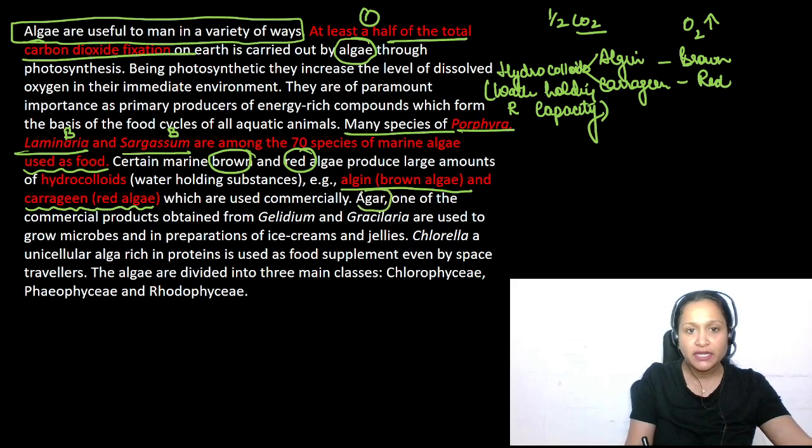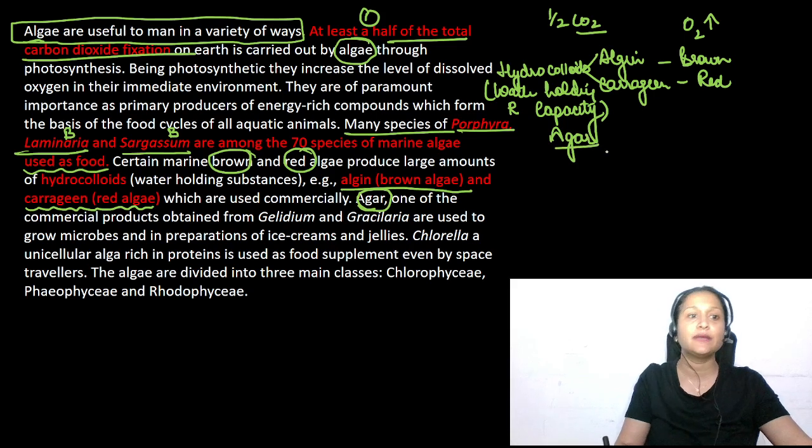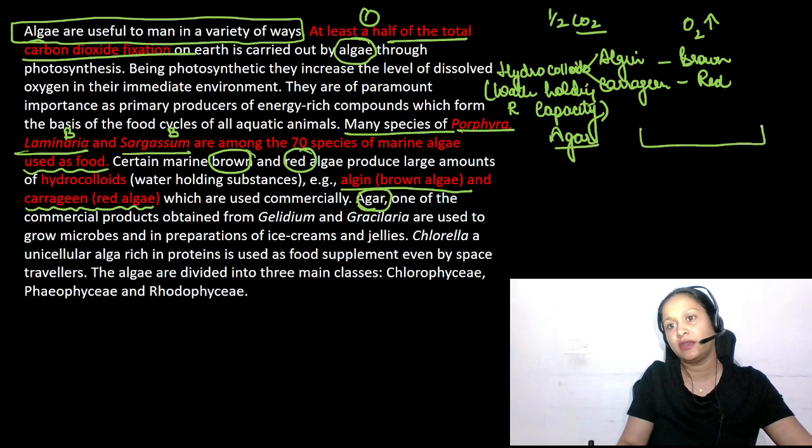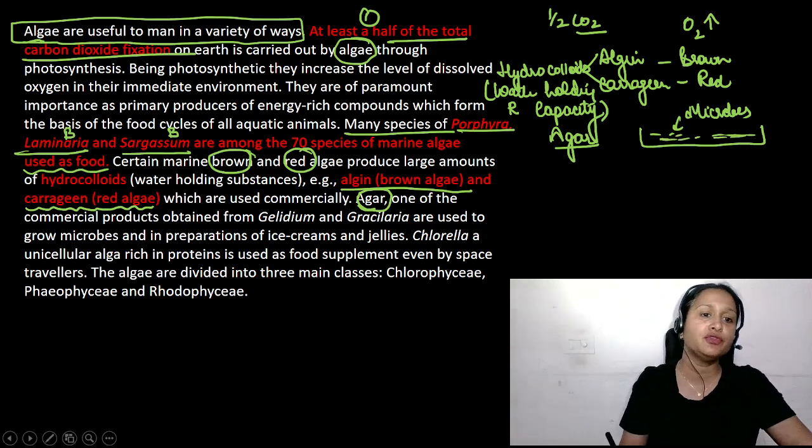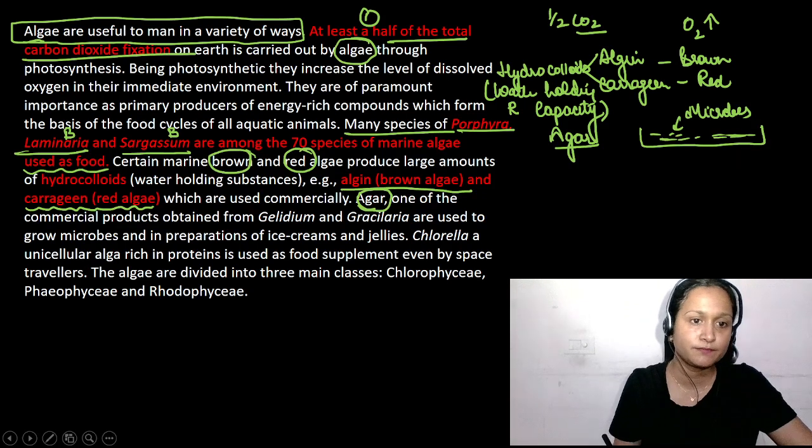Agar. Next important is agar. Agar is used in the medium in the laboratory, which is used for the growth of the microbes. So this agar is a gel-like material which we use for the growth of the microbes.